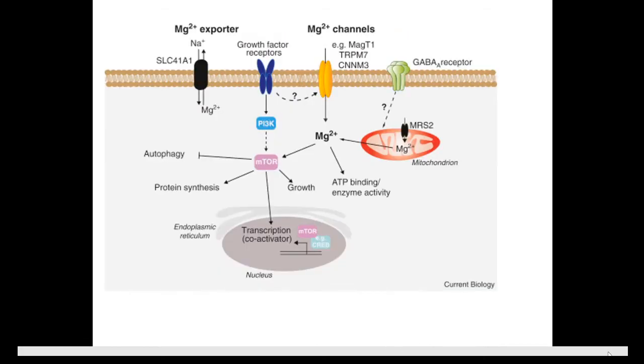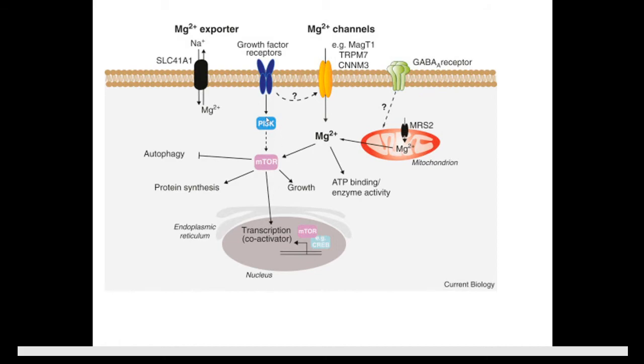Okay, it's another example. As I told you, potassium channels are there, magnesium ions are there. This is an example of a potassium channel and a magnesium channel. Growth factors are received. The channel is the exporter of Mg2+, and one transmembrane receptor is expressing Mg2+ and Na+, which activates the growth receptor on the cell surface.